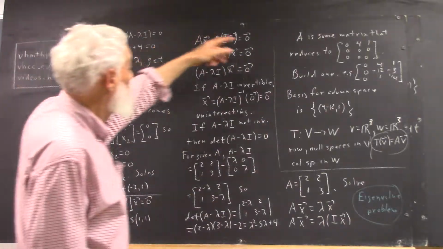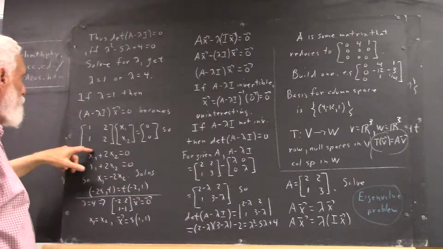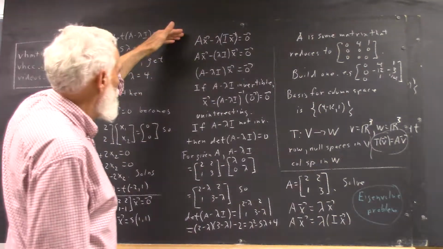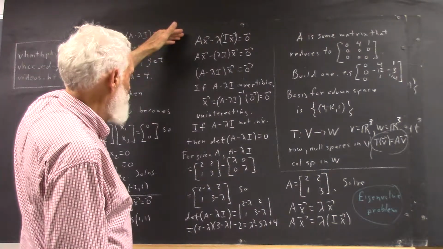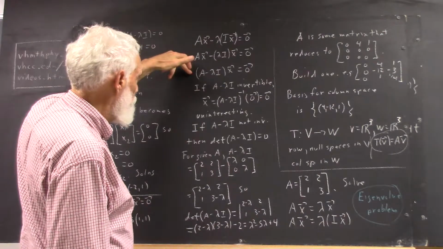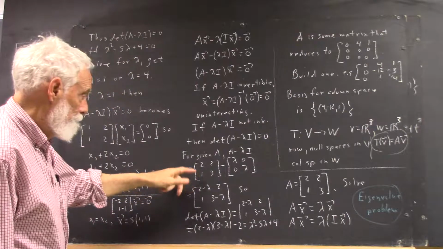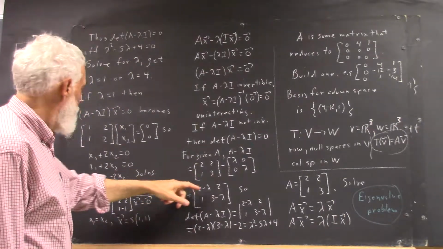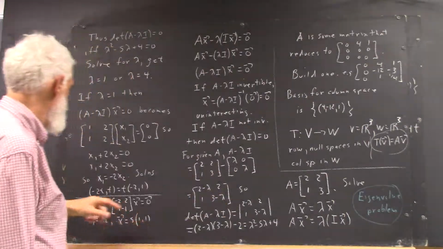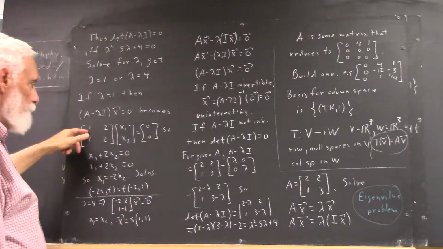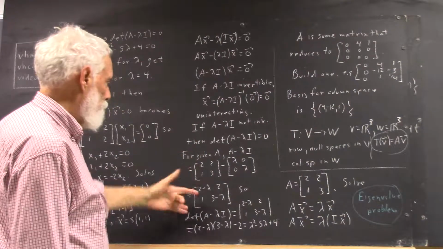This equation is the same as this equation, and A minus lambda I is this, so that this would equal 0. And lambda is 1, so 2 minus 1 is 1, so you get 1.